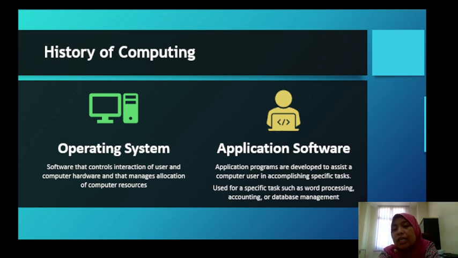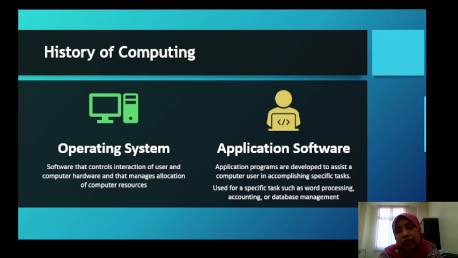Okay, the term here is to assist, nak menolong manusia ni to accomplish specific tasks. Contohnya, for example, Microsoft Word. Okay, it will assist us to write letters, write any document and so on, to replace the manual technique which is using our handwriting.